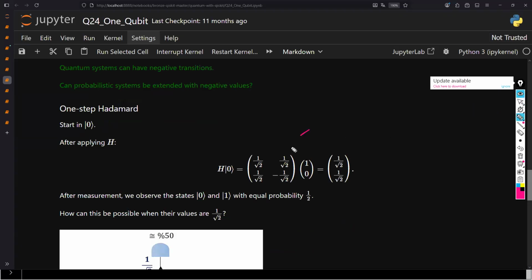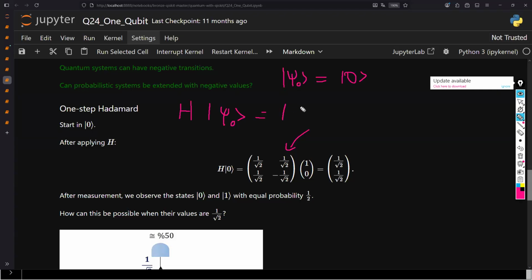And what we see here is that when we apply H to our xi, which in this case is just 0 because this was our initial state, right?